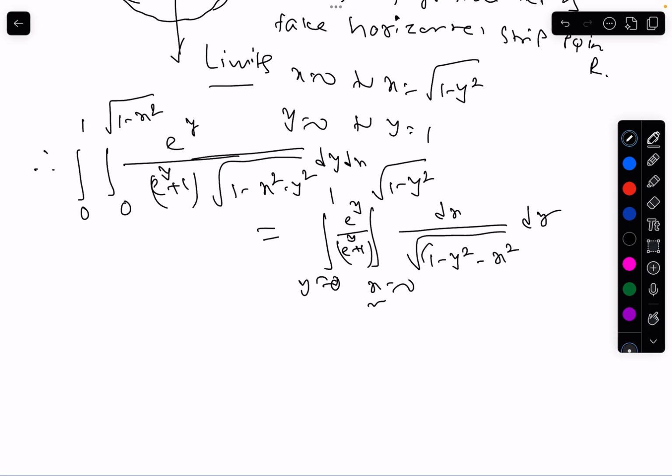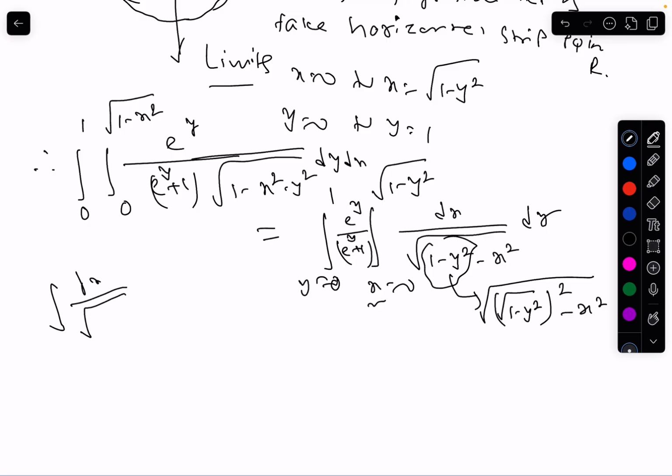Now this we can write as root 1 minus y square, squared, like this, and minus x square. So that we can use the formula dx over root a square minus x square, and that integration is sine inverse x by a.